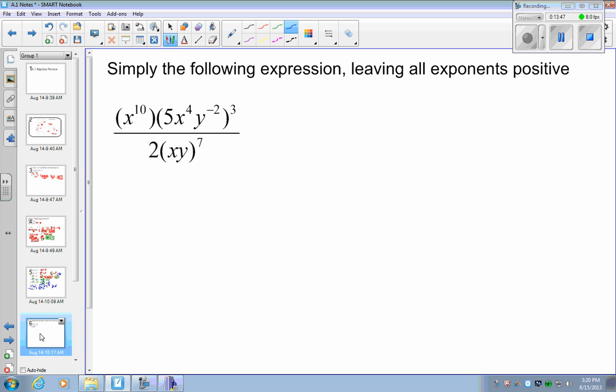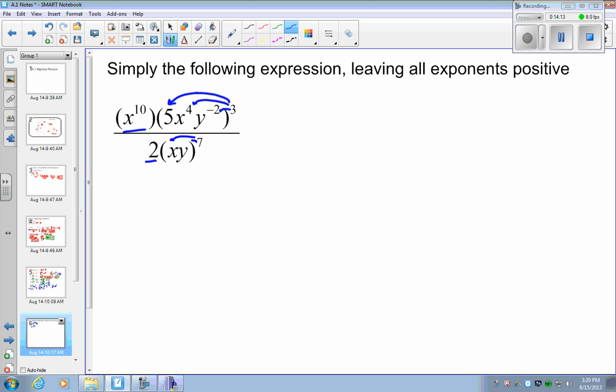One problem here on simplifying kind of just a big mess of an expression with a bunch of exponents. So first thing we see, we got an x to the 10th there all by itself, not much you can really do. You got a whole blob to the 3rd. This 3 has got to come into all those places here. On the bottom, 2's by itself.